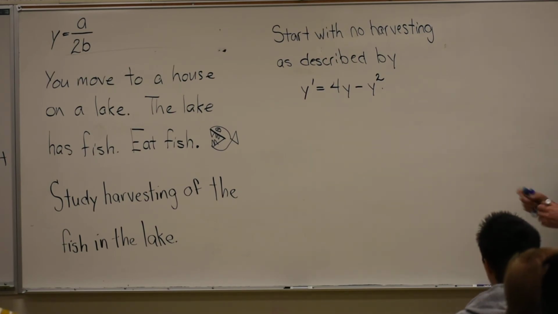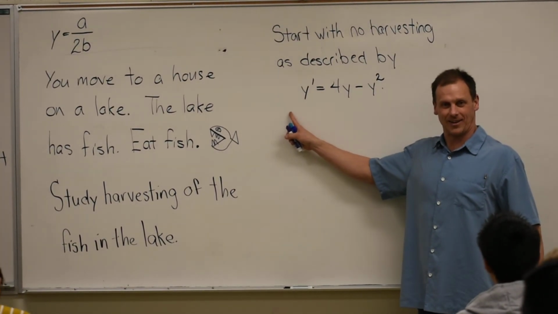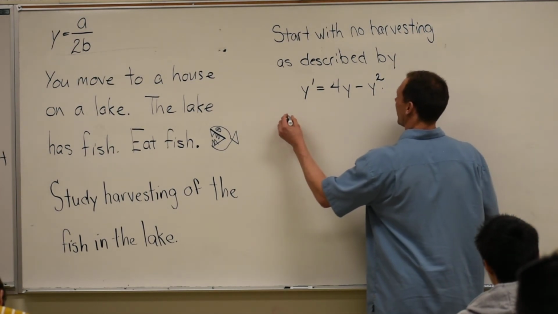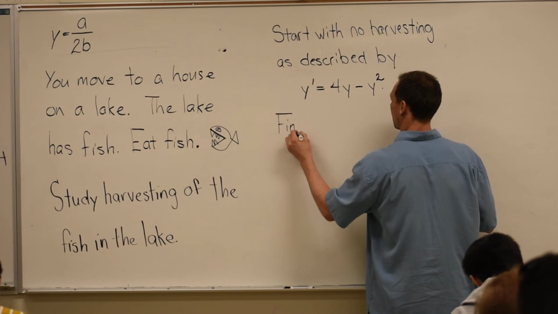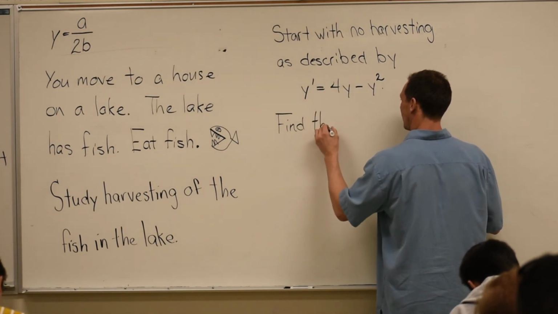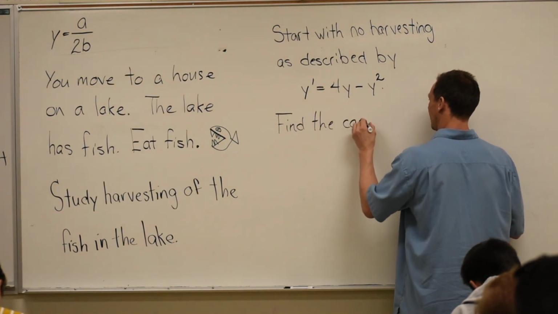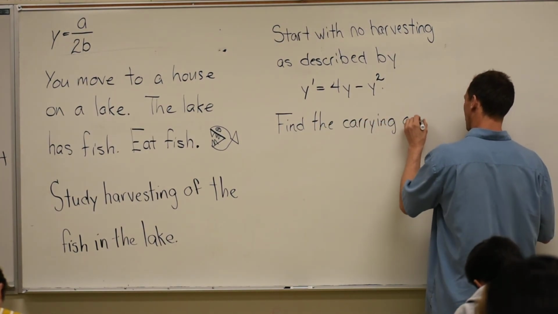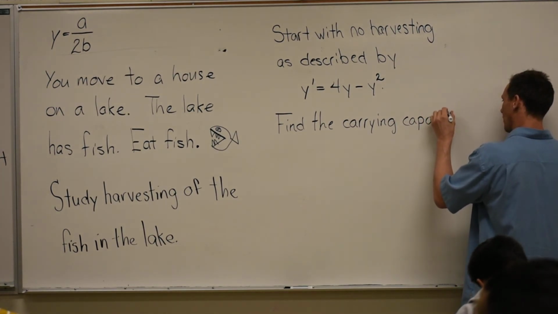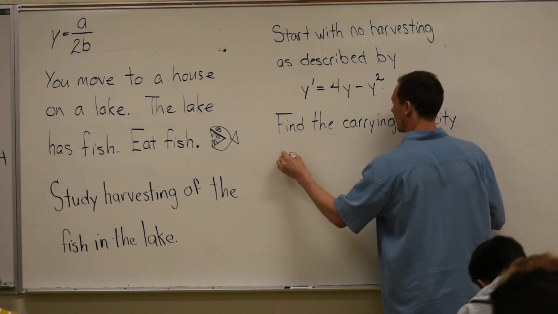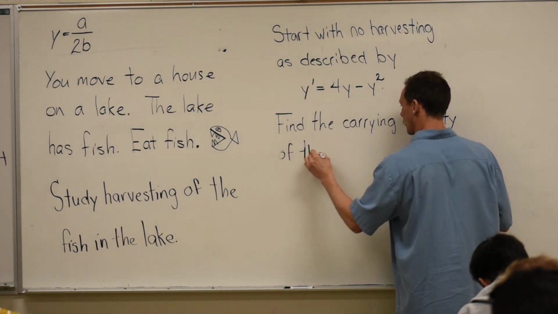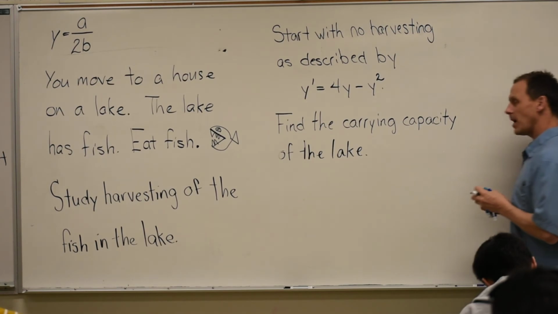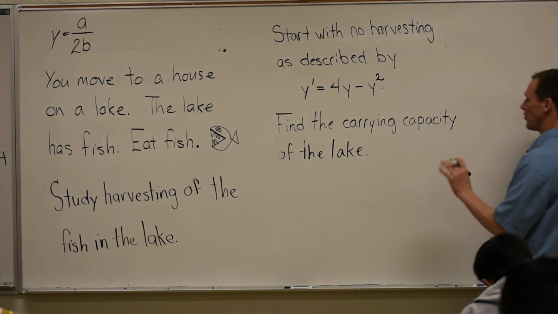All right, so let's do this. What's the carrying capacity of my lake? Well, let's find out. Find the carrying capacity of the lake. What we do is we just factor.